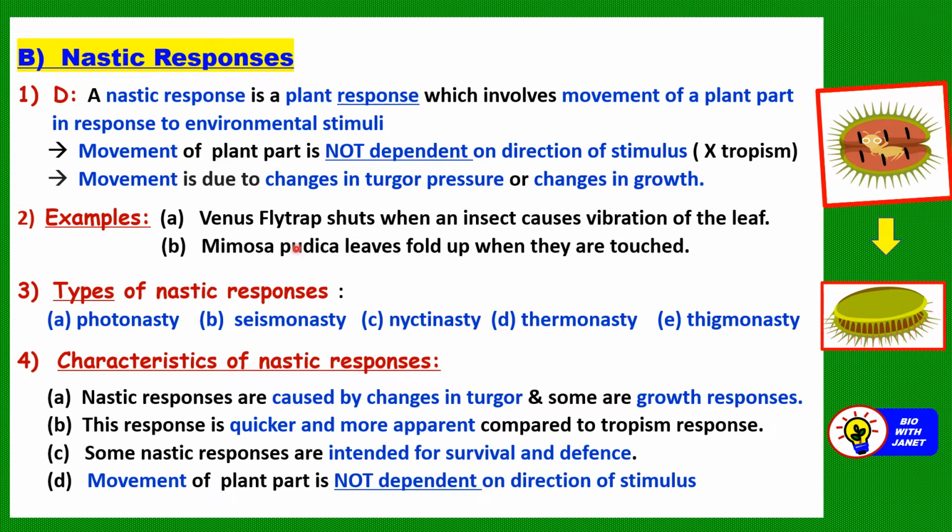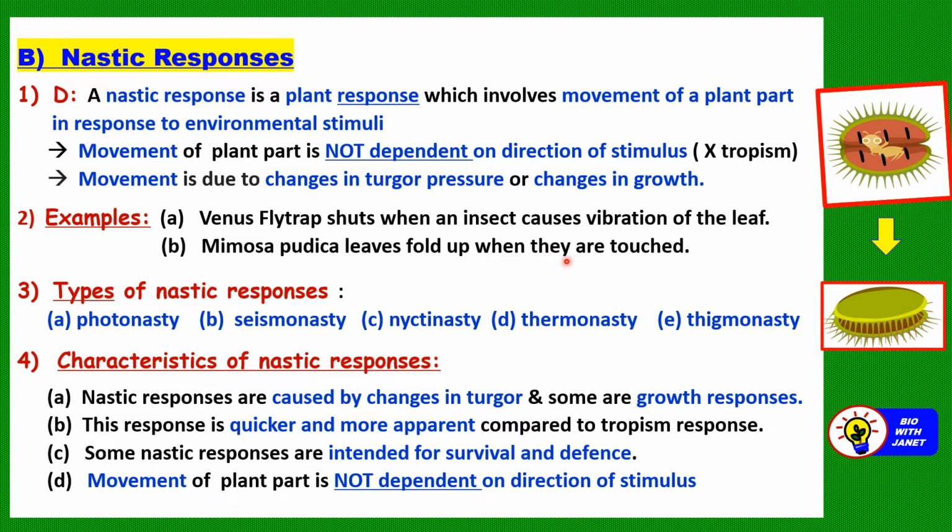Now, examples. Venus flytrap shuts when an insect causes vibration of the leaf. So vibration is the stimulus, and then the Venus flytrap responds by shutting the leaves in the trap. Okay, like this. Now for Mimosa pudica leaf. The Mimosa pudica leaf will fold up when it is touched.